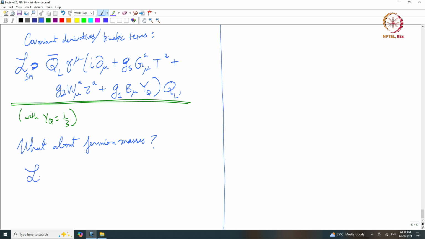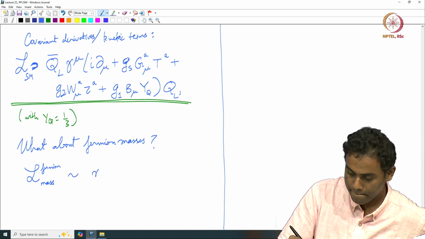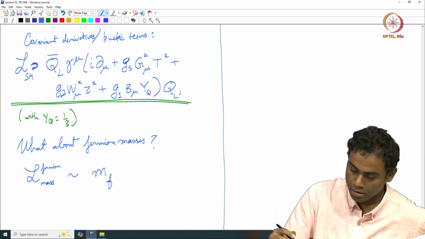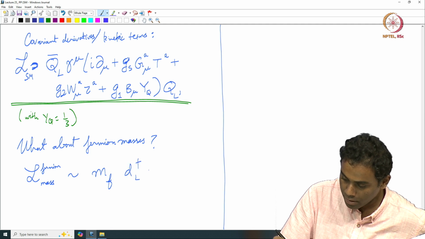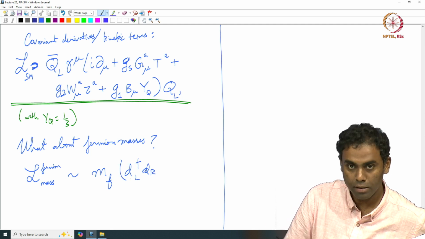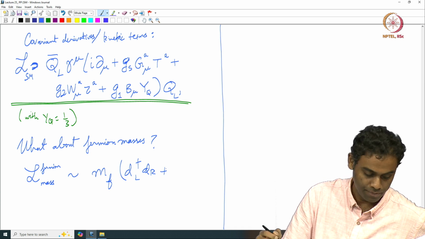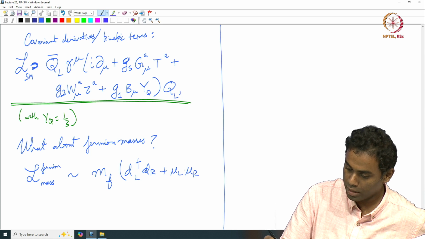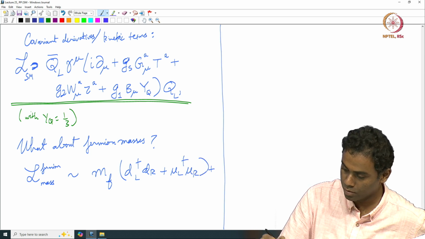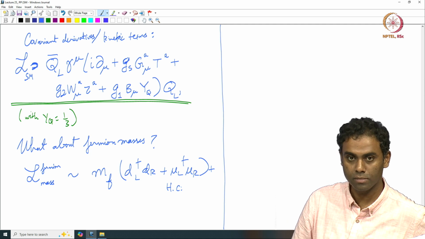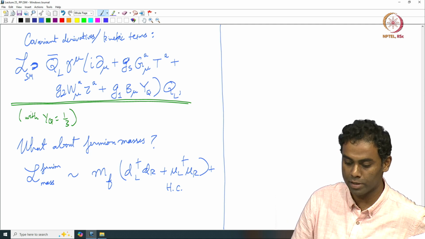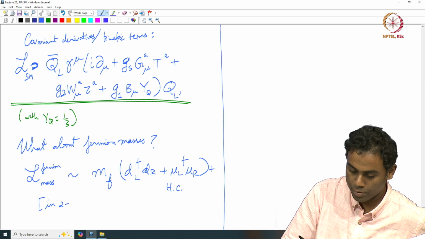Because if I were to write this in 2 spinor notation, right, fermion mass, how would this be? So it should look like the mass of the fermion. Remember, in 2 spinor notation I had to marry a left handed field with a right handed field, correct? And similarly for the U also, I had to marry these two chiralities, correct? From all those lectures ago when we introduced spinors. Remember this in 2 spinor notation.